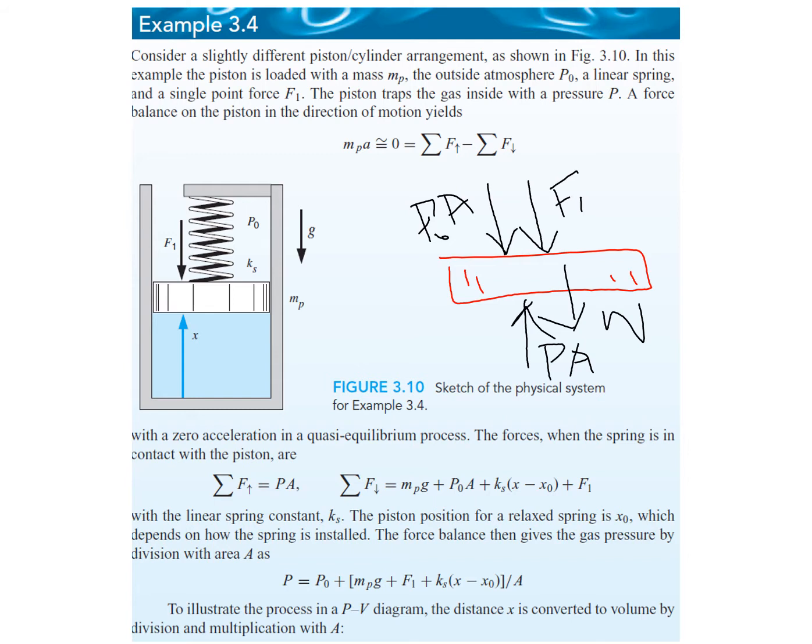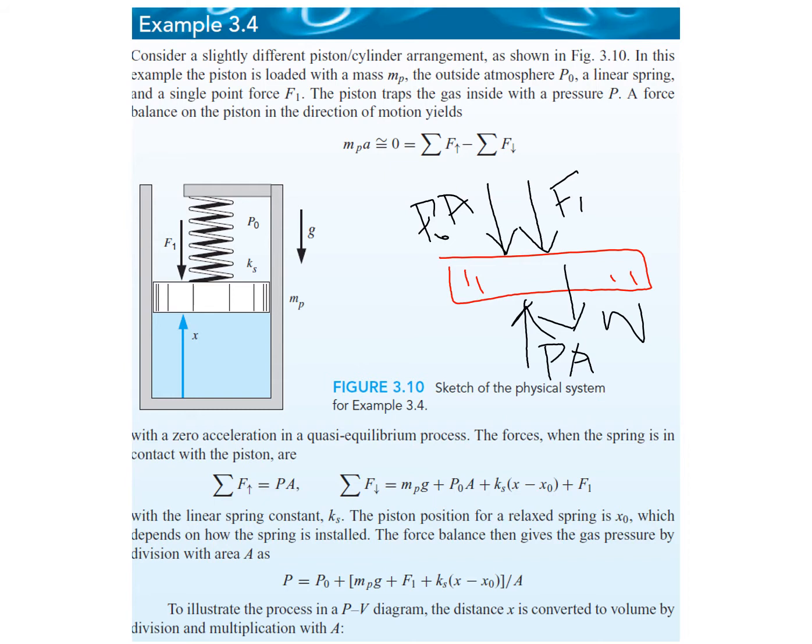We can consider that the motion is very steady, and at an instant we can consider the piston stationary, or near zero velocity. So the sum of all the forces in the y direction is equal to 0.